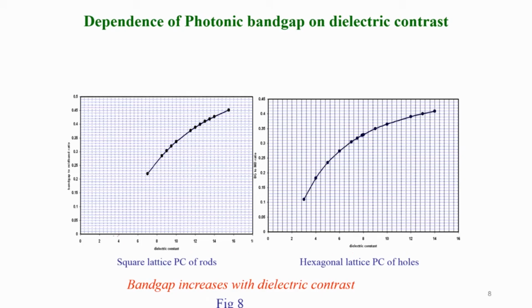So, we observe that the band gap is increasing with refractive index. As you increase the refractive index of the holes or rods, you have more band gap.